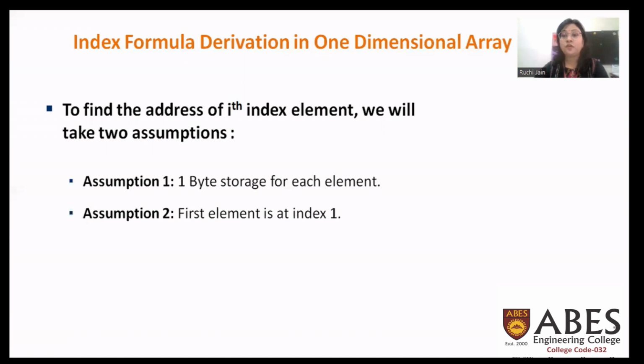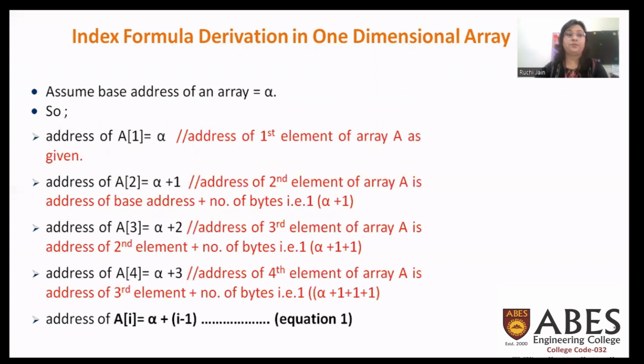For a float value, there should be 4 bytes of storage for each cell. The second assumption is that the array does not start from any specific lower bound, but starts from index value 1, so that our formula derivation gets easy.